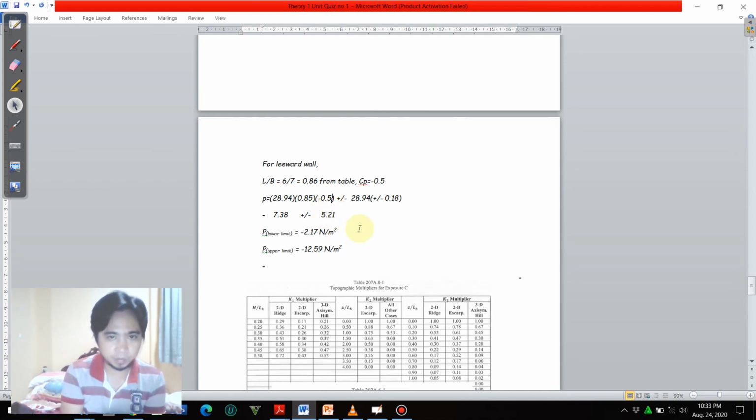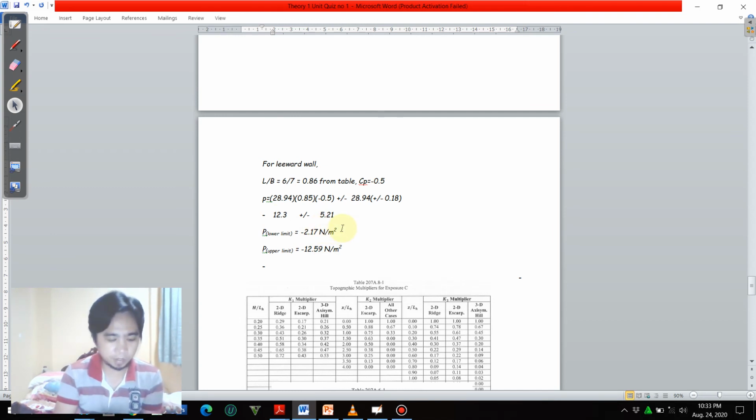Therefore, 28.94 times 0.85 times negative 0.5 is negative 12.299, or 12.3, plus or minus 5.21.